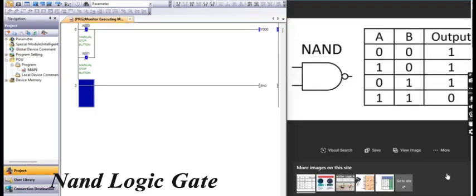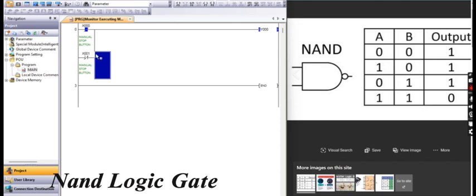So, for our NAND logic gate, which is the inverse of AND gate, if our input A is 0 and our input B is 0, then the output is energized. If our input A is 0 and our input B is 1, our output is still energized.